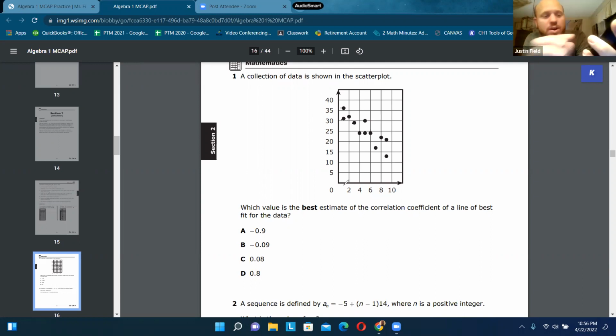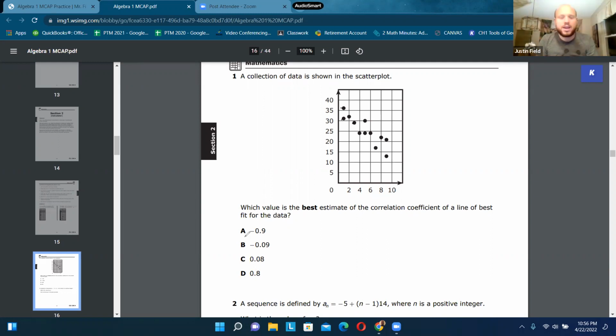So now I'm going to run that linear regression again, and I'm going to see my correlation coefficient. Stat, arrow over to calc, down to 4, enter, enter. There it is, r of 0.88.